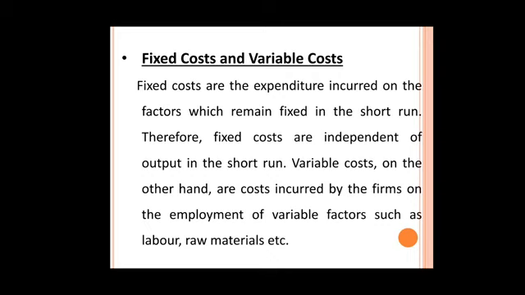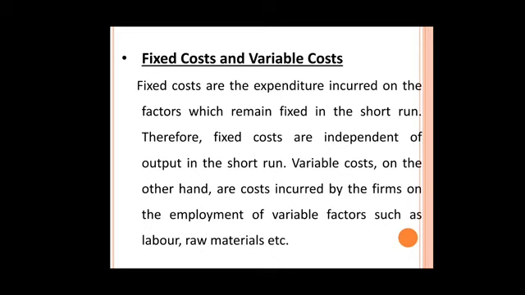Now coming to fixed costs and variable costs. Dear students, fixed costs are the expenditure incurred on the factors which remain fixed in the short run, such as capital, land, factory building, etc. And such costs cannot change in the short run.